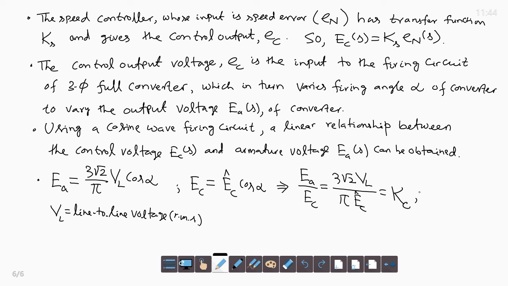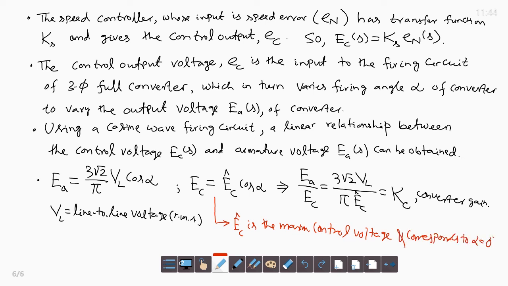Kc is the converter gain. From this equation, Ec peak is the maximum control voltage and corresponds to alpha equal to 0 degrees.